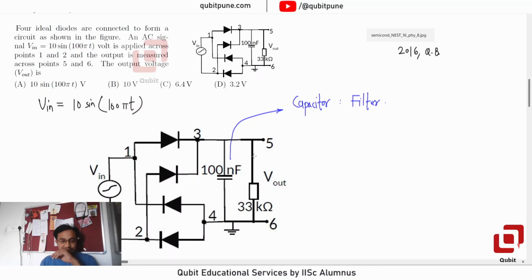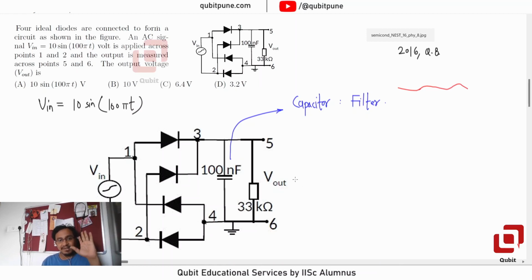But because of that capacitor, that rectified voltage will get filtered and fluctuate very slightly. So we will assume it to be a constant, although the Zener diode requires it to be strictly constant. And then we have got this load, which is 33 kilo ohms.